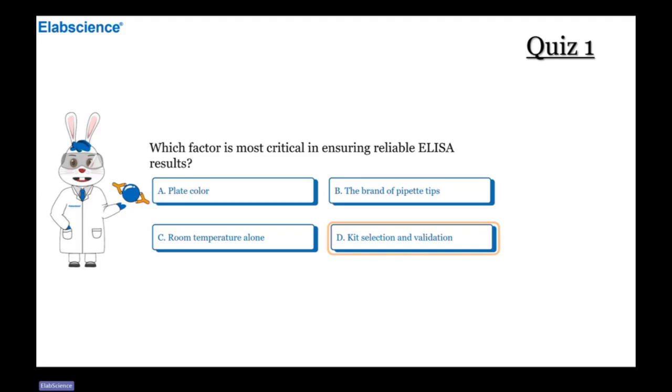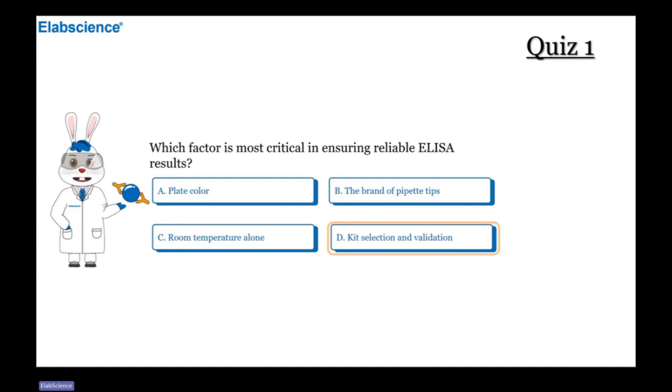And Dr. Sinders, can you explain a little bit for this question? I have mentioned it during my presentation that the most important factor when we are starting our ELISA experiment, or even when we just think that we might need to do an ELISA experiment, is the kit selection.